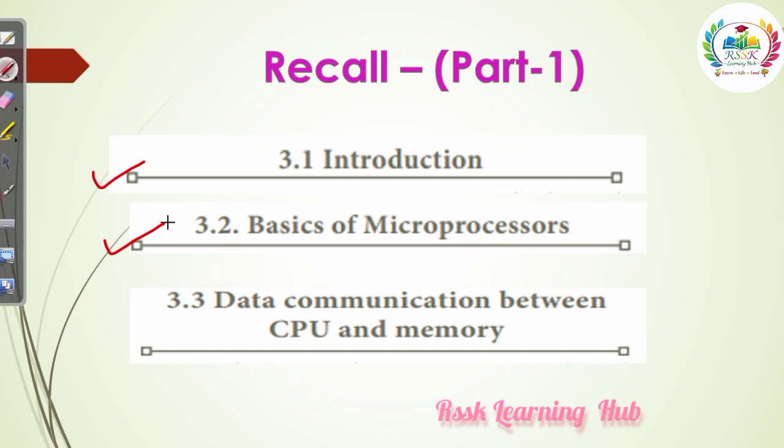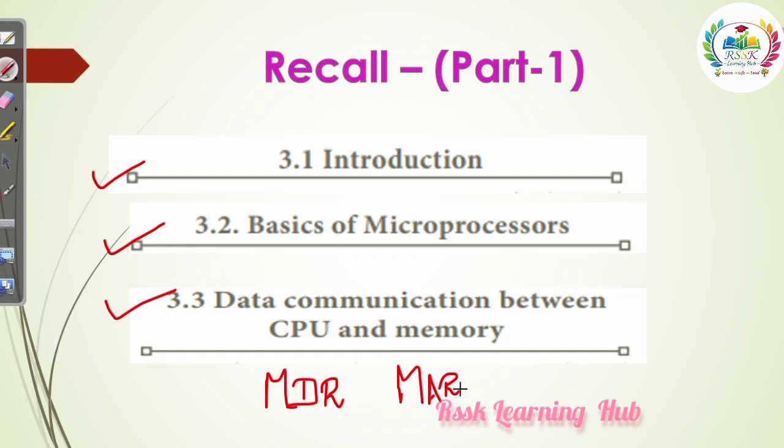Then we learned about data communication between your CPU and main memory, how the data gets communicated. It is done by using the MDR. What is MDR? It is the memory data register. Similarly, we saw the MAR. What is MAR? Memory address register. So registers are used to store the data.